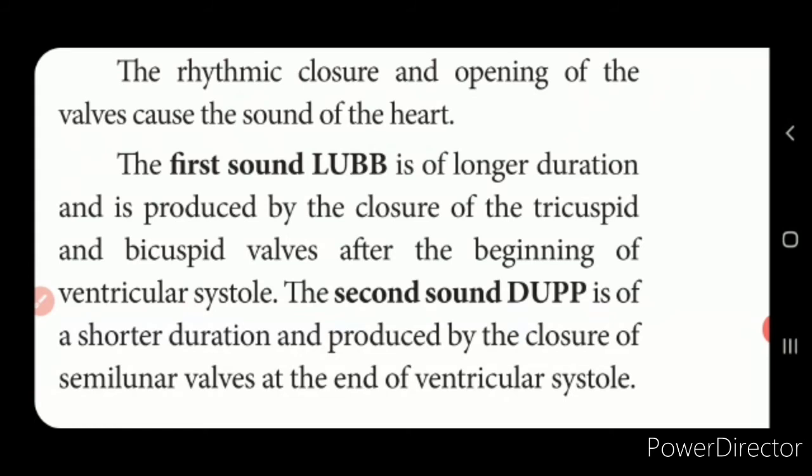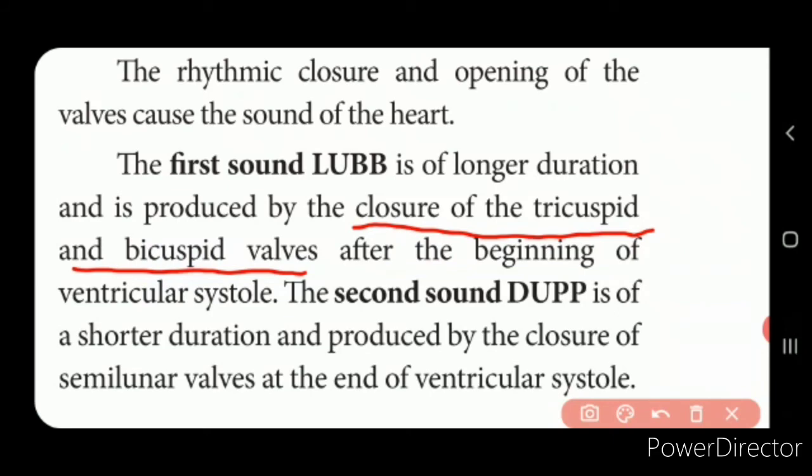This is produced by the closure of the tricuspid and the bicuspid valve after the beginning of the ventricular systole. We said that the ventricular systole is nothing but the contraction of the ventricle. After the beginning of the contraction of the ventricles, this first sound is produced by the closing of the tricuspid and the bicuspid valve that are present on either side of the chambers.